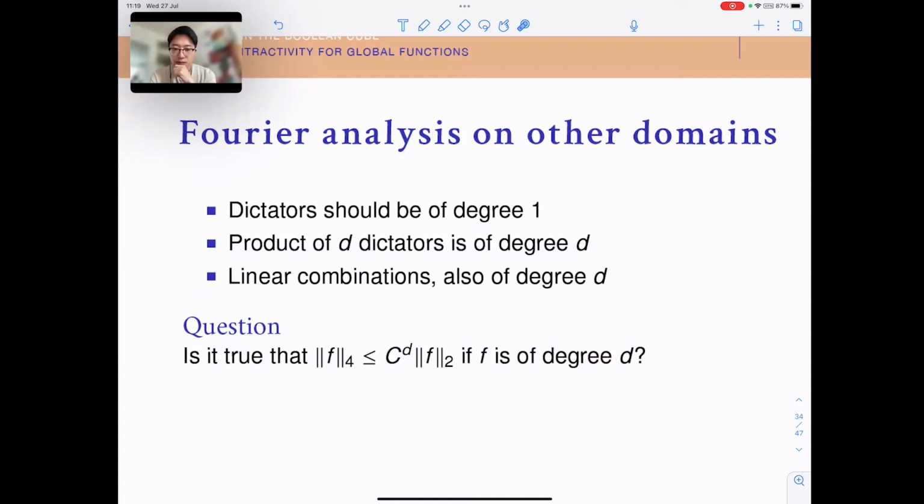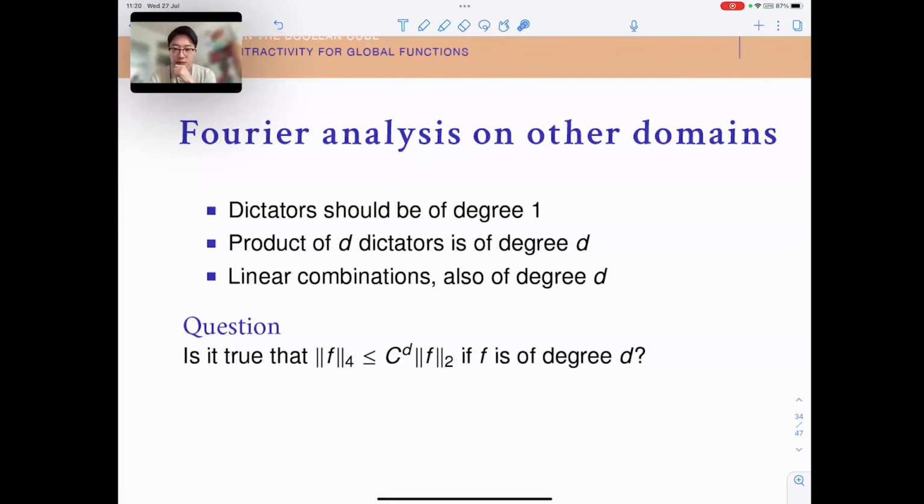Usually when people talk about Fourier analysis in the symmetric group, they talk about non-abelian Fourier analysis or representation theory, but actually all you need is a dictator to do some form of Fourier analysis. So how do you do this on the other domains? You need dictators to be of degree 1.